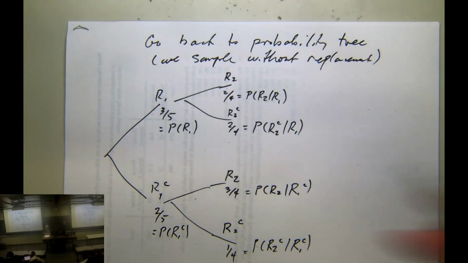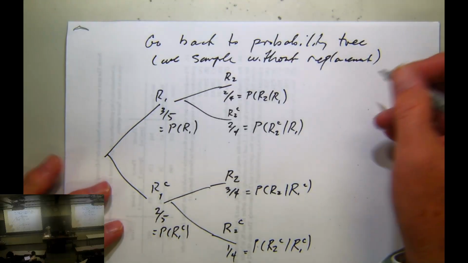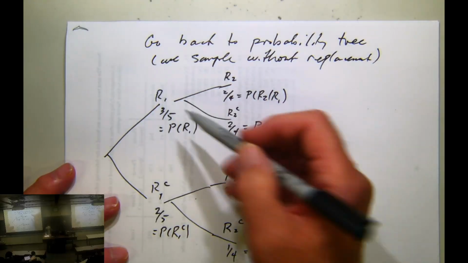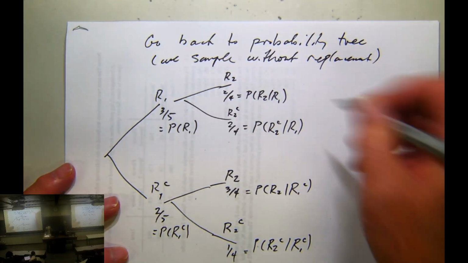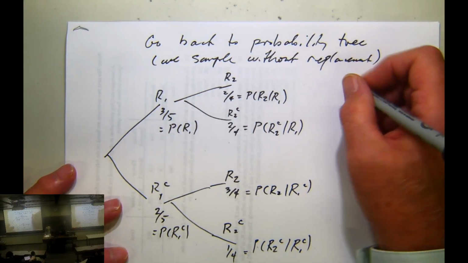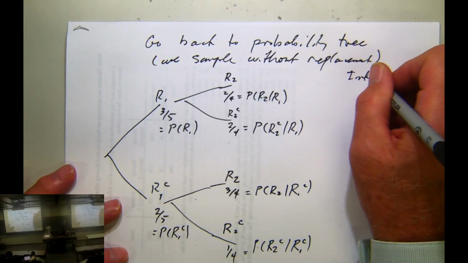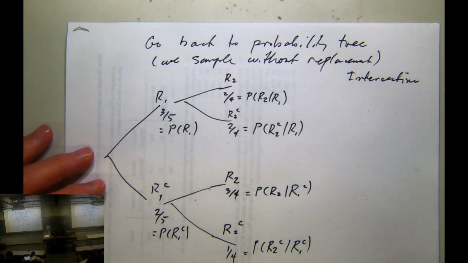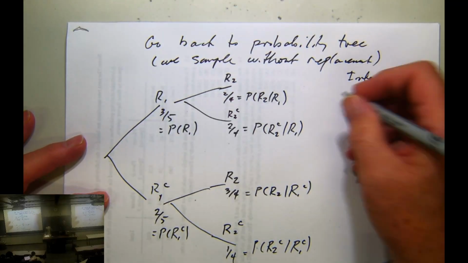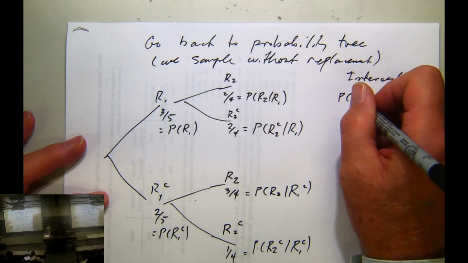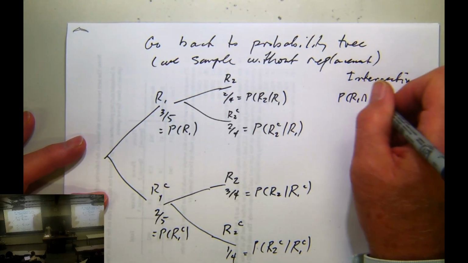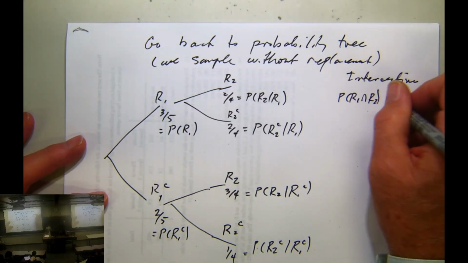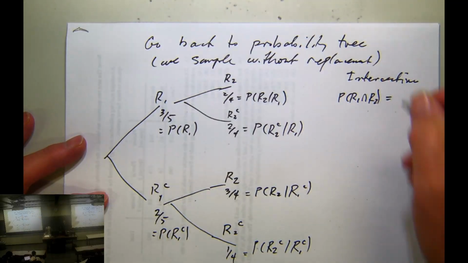And then we went through and multiplied out the intersections. I won't go through all the notation, but we went along and got the various intersections. And we came out with, if we want to just put them in here, R1 intersect R2 was 3/5 times 2/4.